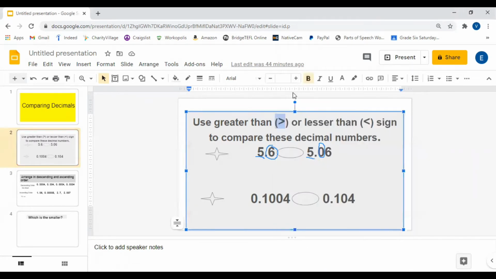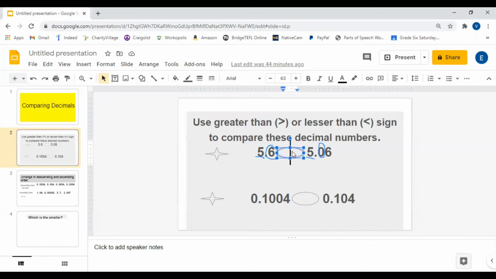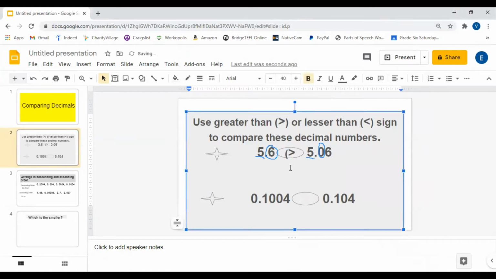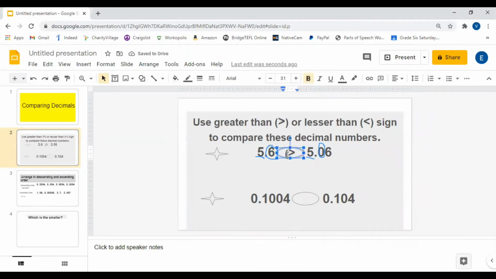You could read it two ways: 5.6 is greater than 5.06, or 5.06 is less than 5.6. Easy, right?